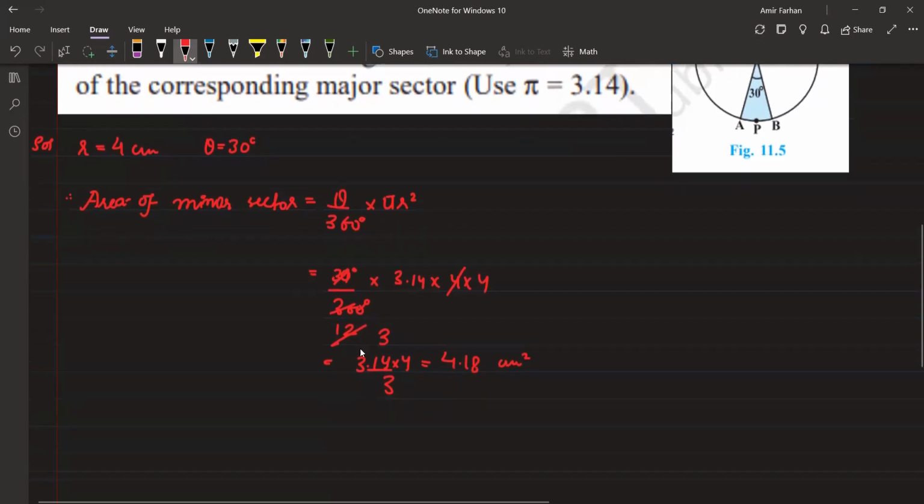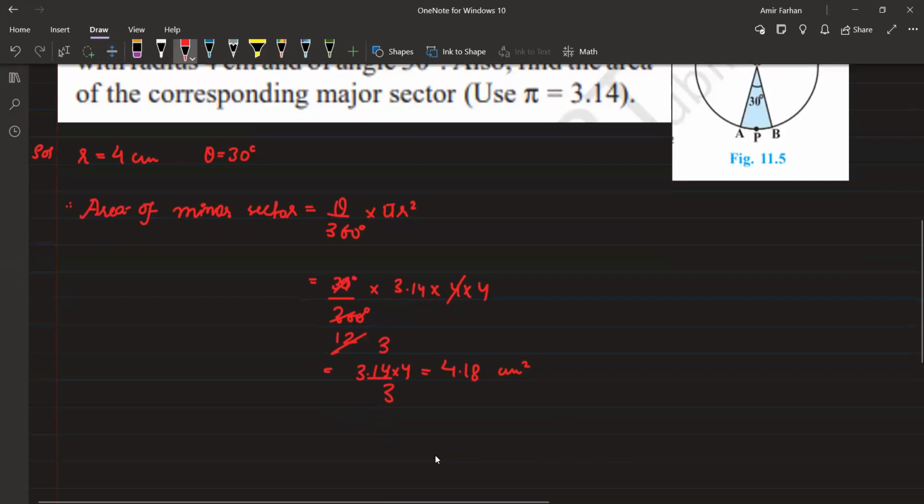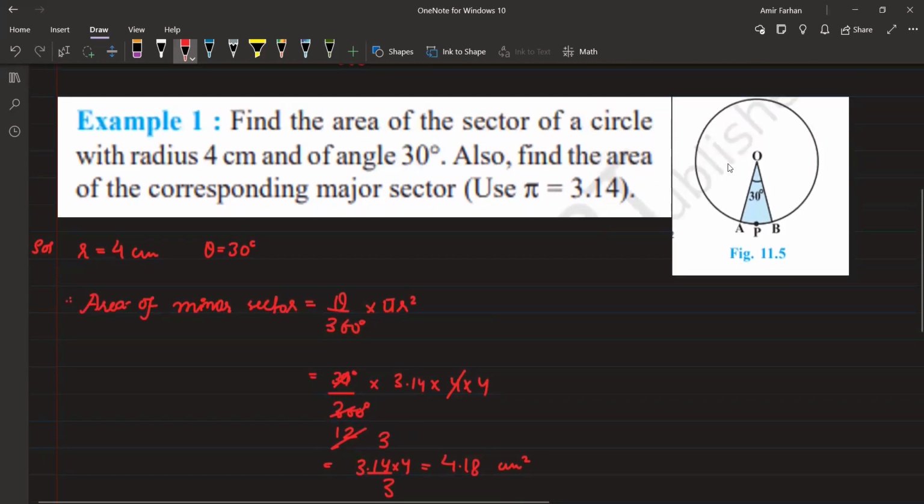Yes. Now, Adil, if I get the value of this area, how to calculate the remaining part? If I have the value of this minor sector, how to calculate the major sector? You have two methods to solve this.